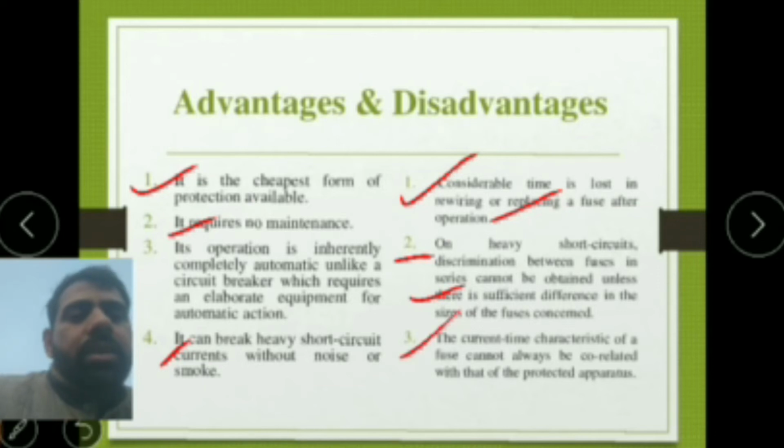And the third one is that the current time characteristic of a fuse cannot always be correlated with that of the protected equipment. So we can't relate the current time characteristic every time with the same equipment such that it will totally match up with each other.